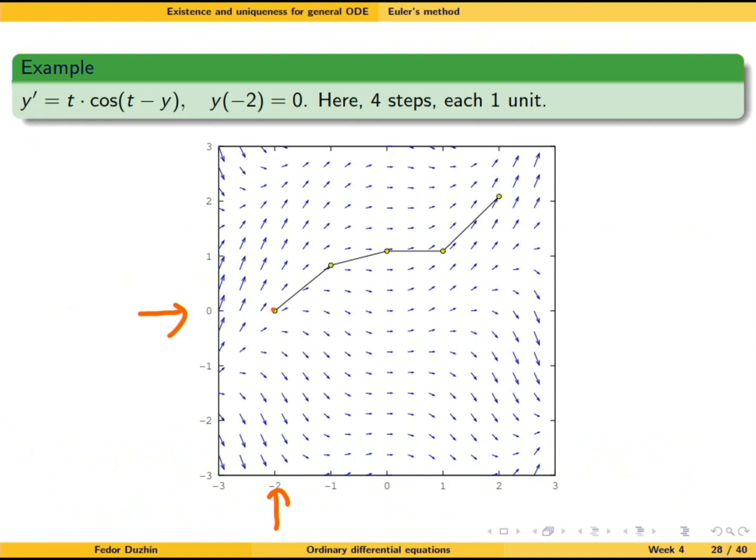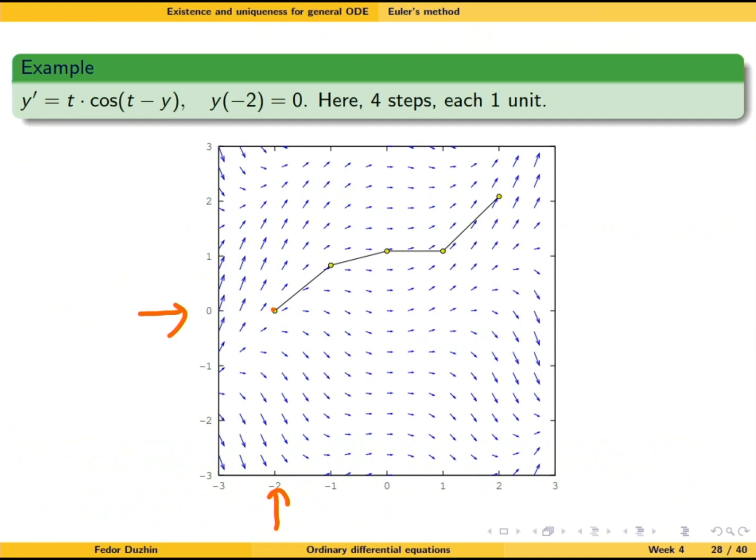Right? So we can look at the vector in the direction field at this point. So what it tells us is that it shows us the direction in which the solution is going to grow or to decrease. Right? So it's going to tell us how the solution is going to change.